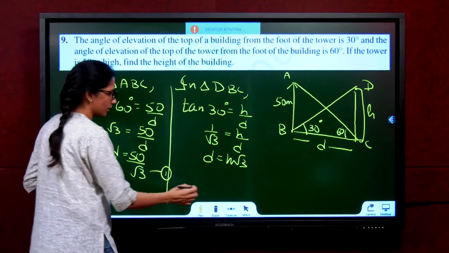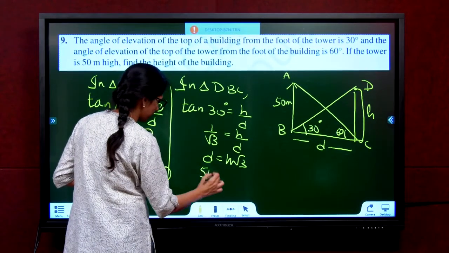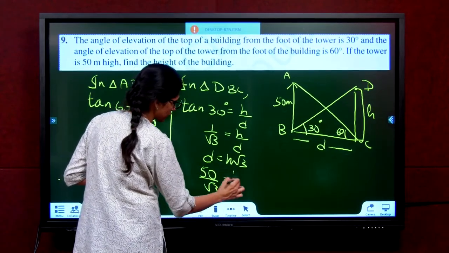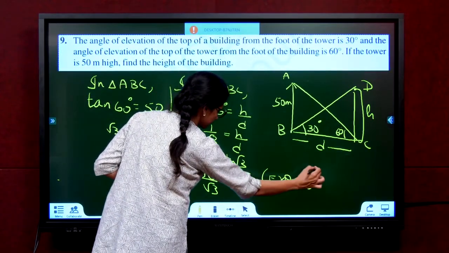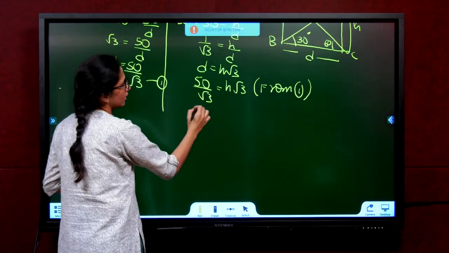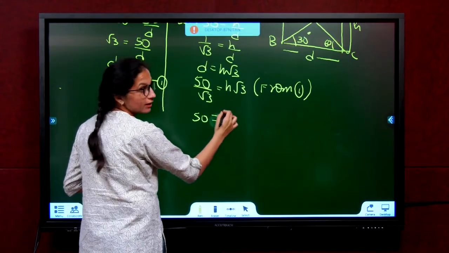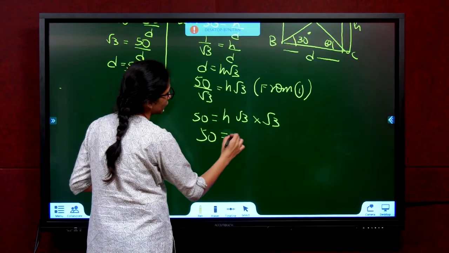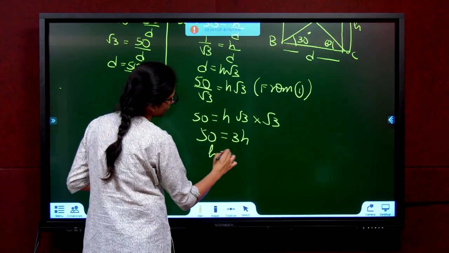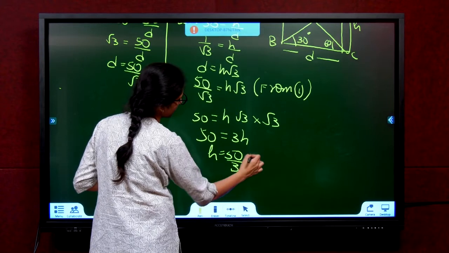From 1, what is D? 50 by root 3 is equal to H root 3. Send root 3 that side. 50 is equal to H root 3 into root 3. 50 is equal to 3H. H is equal to 50 by 3 meters.